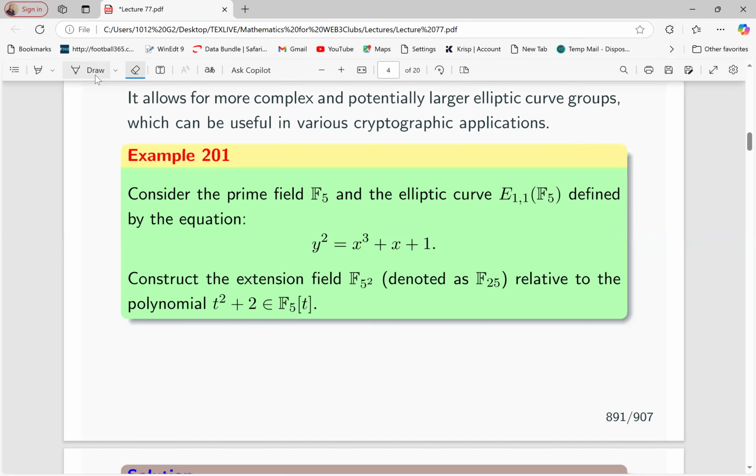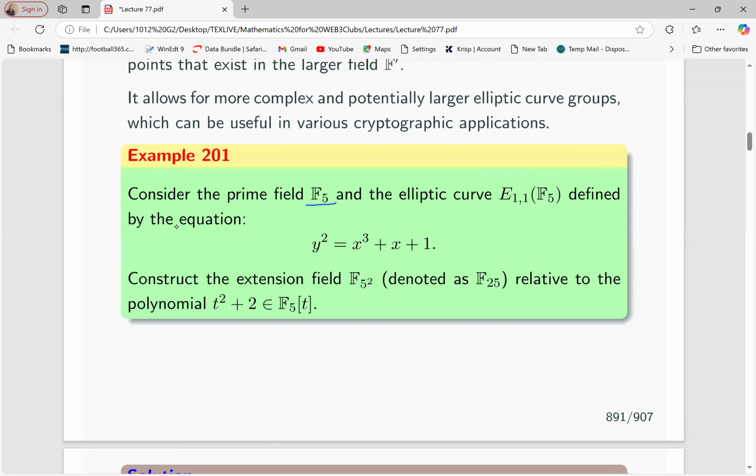Now, the question is, you have this polynomial, this field, and this is the elliptic curve. And the question is, can you find the points? When you say construct an extension, it's just telling us, find the points of this new field.